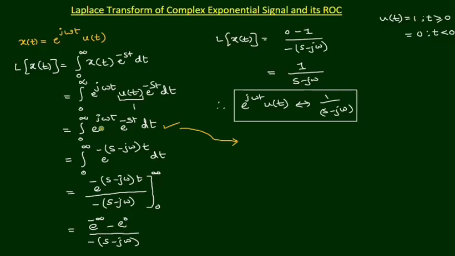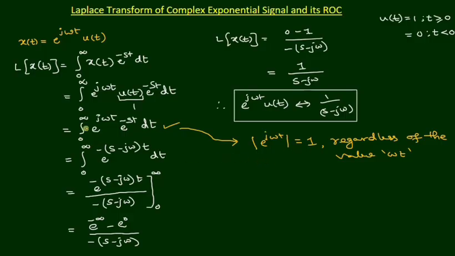In this expression we have two exponential terms. The first term is e power j omega t and the second term is e power minus st. As we know, the magnitude of e power j omega t is 1 regardless of the value of omega t. Whatever the omega t value, irrespective of that, the magnitude of this exponential function is 1.